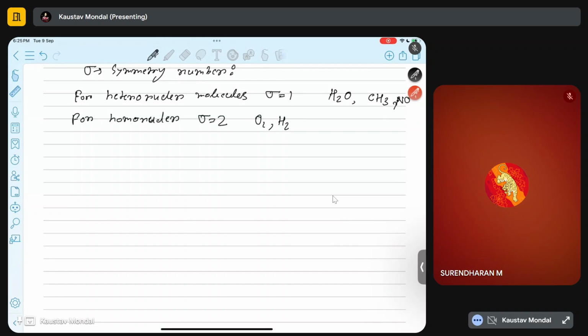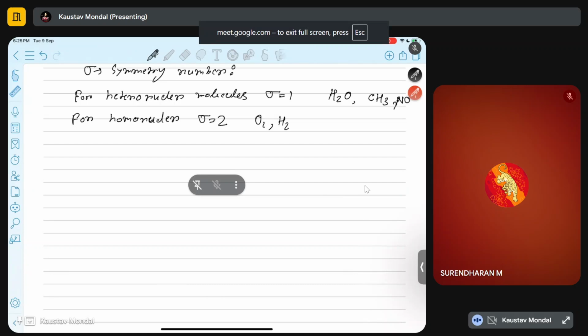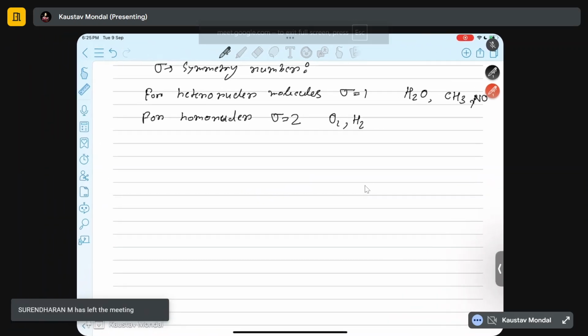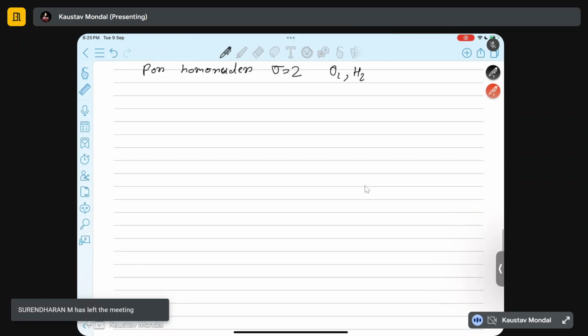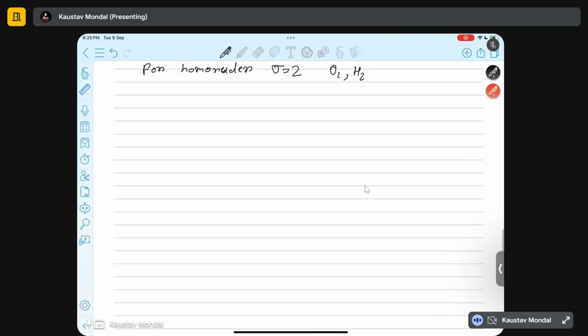Now the next thing we want to do is solve some problems regarding this. But before solving the problem, we have to write this qr, the rotational partition function, as a function of the known parameters.